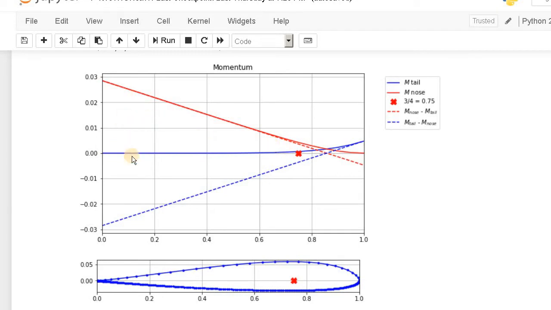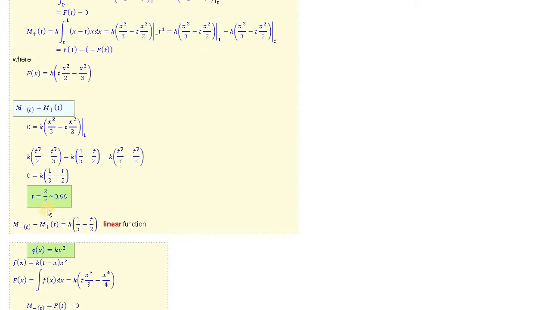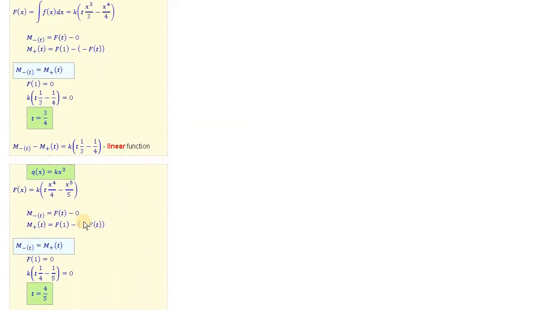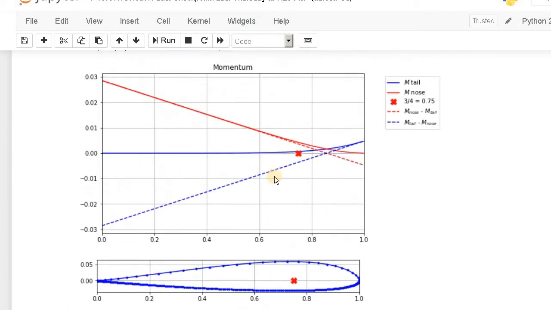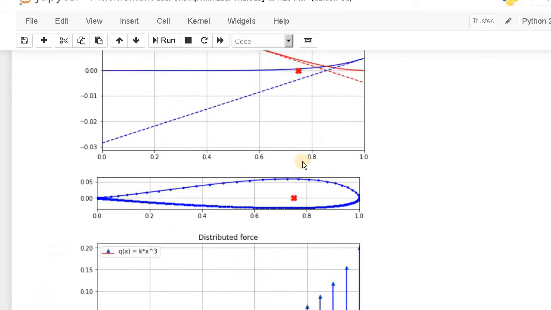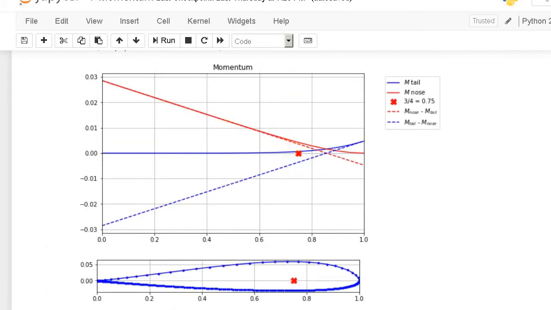Once again, I have the blue line and the red line corresponding to the nose section. I can compute the difference between those two momentum, and I get a straight line. This is what I got in the calculation as well, so it's a bit surprising, but the difference between momentum is actually a linear function. But to keep it simple, I will just say that you can do all of those things, and then you can go to the conclusions.